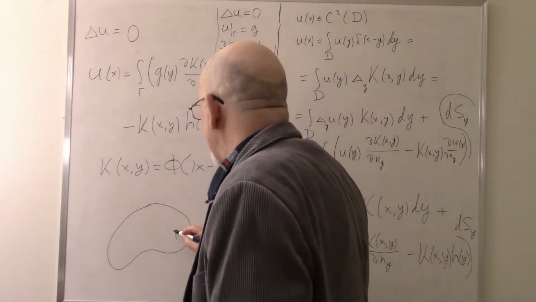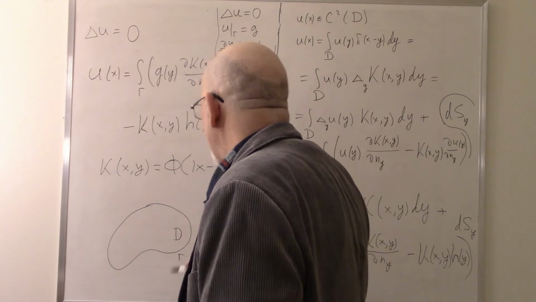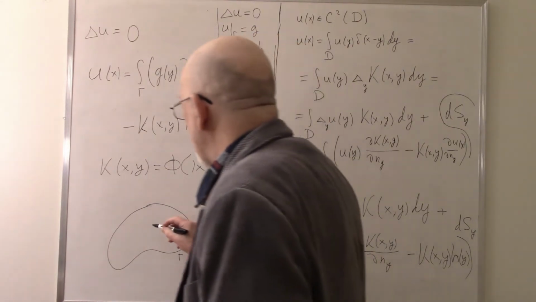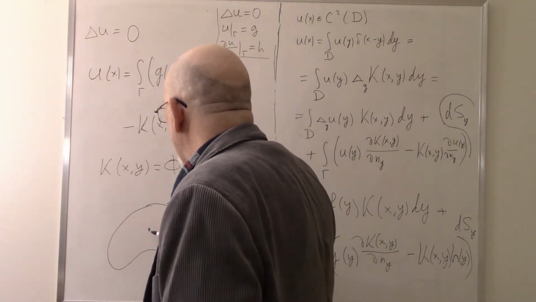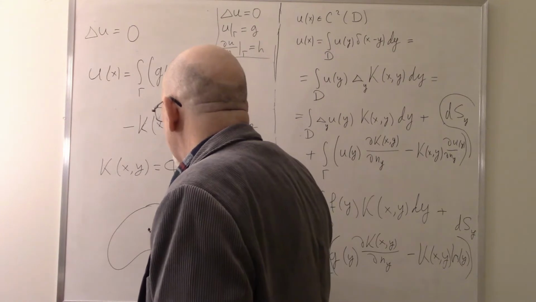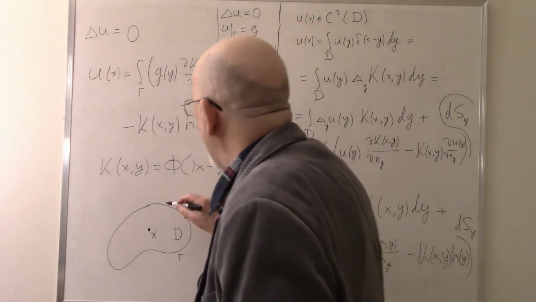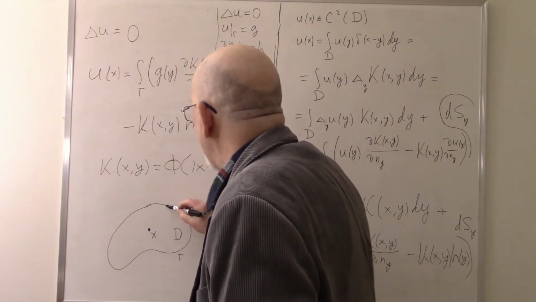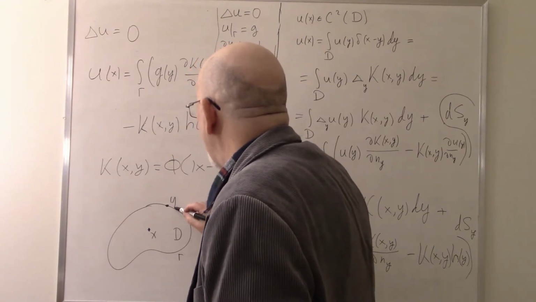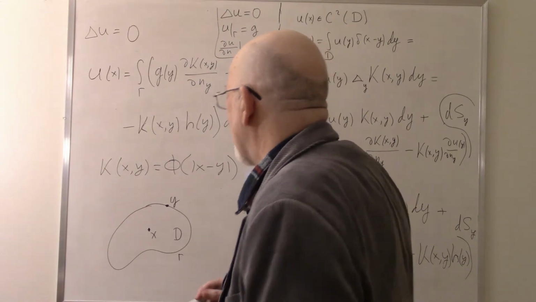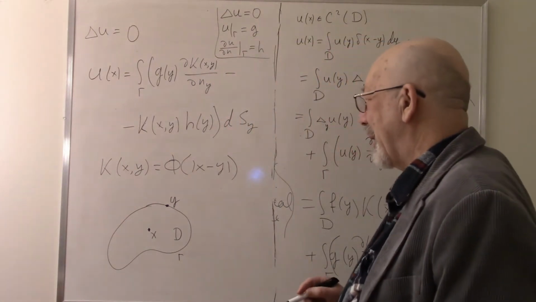So here is the domain D, and gamma. At last I can draw it. It is the point x inside, and here integration goes along gamma. The variable point of gamma is y. It is outside, it is on the boundary.